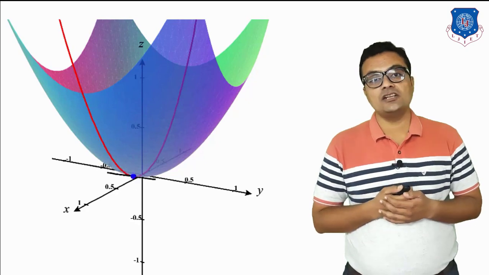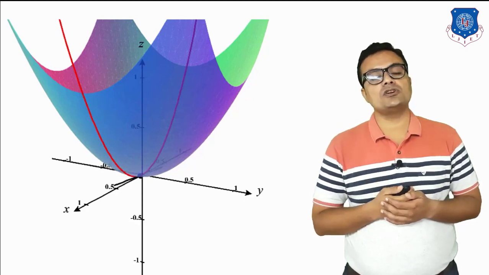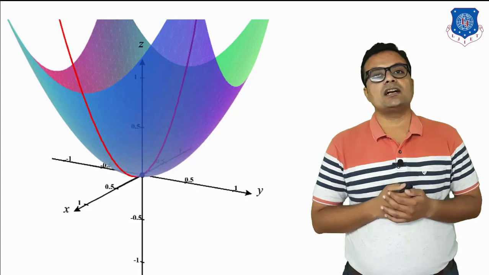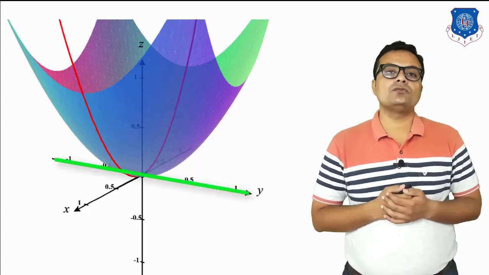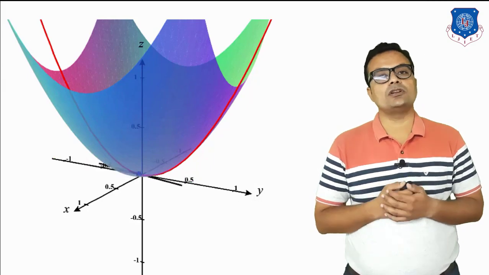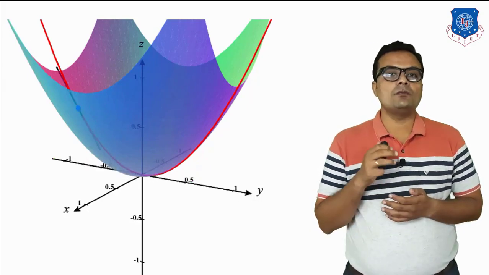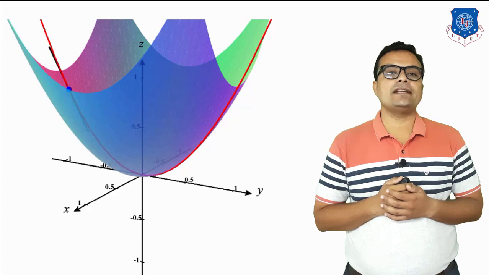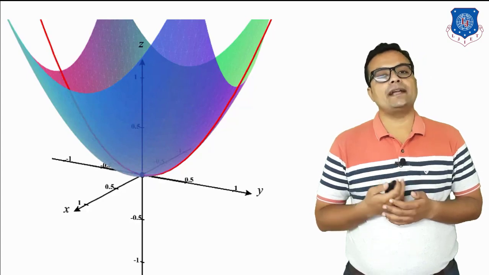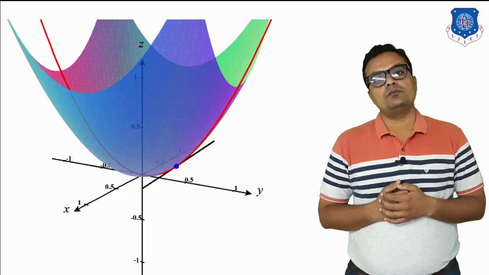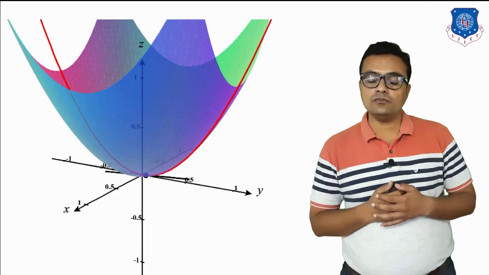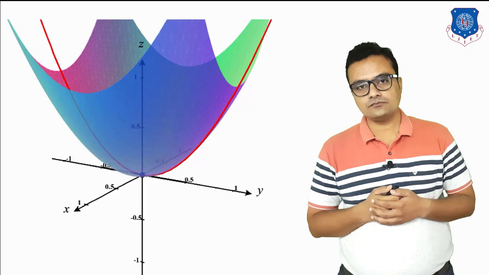In a similar way, we can consider another dimension also. So I am considering the y-axis as input for these points on the surface. Now I am approaching the origin by taking inputs from the y-axis.